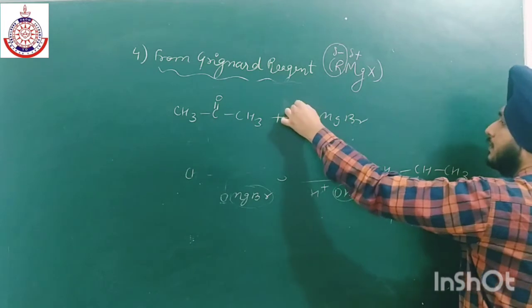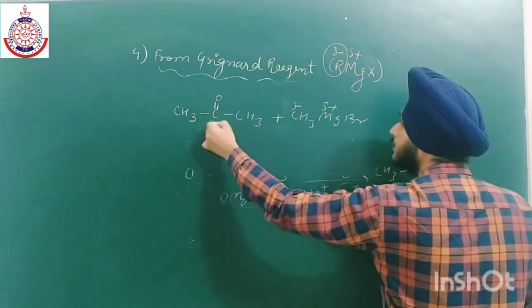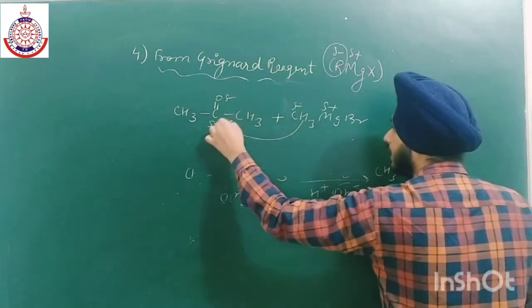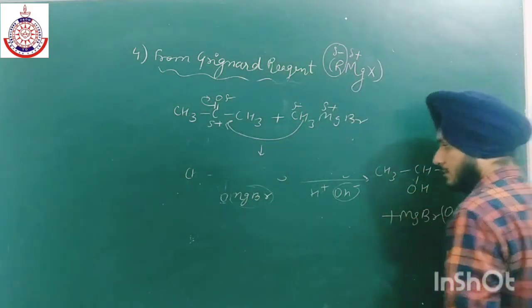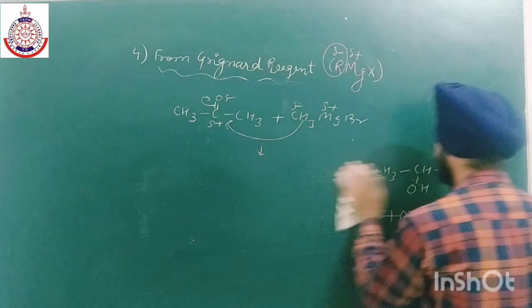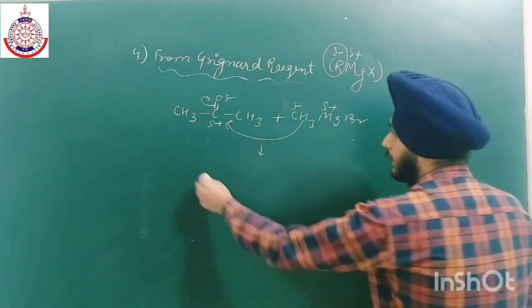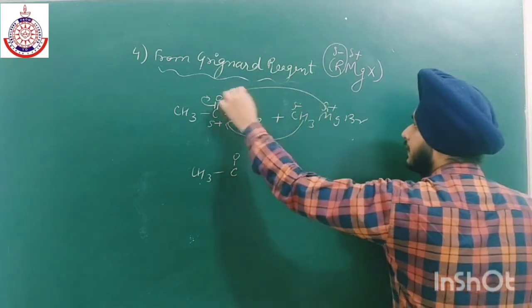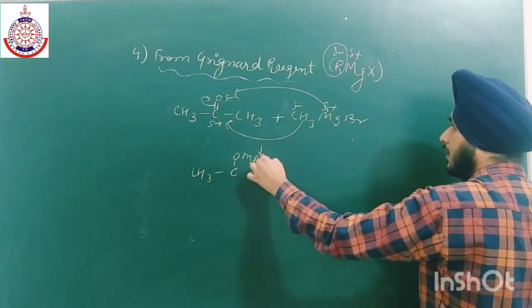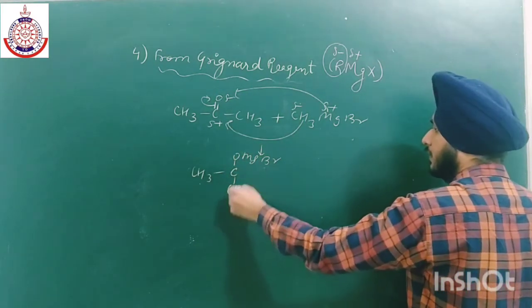So here we have partial negative, partial positive, partial positive, partial negative. Now this will attack over here, this bond will shift over here, and we will get CH3CO MgBr attached to this oxygen, and CH3 over here.